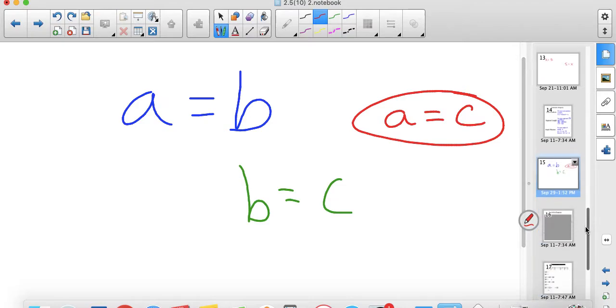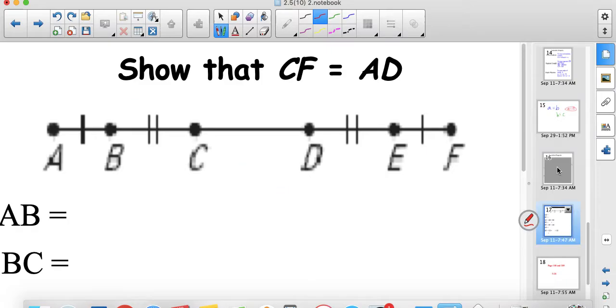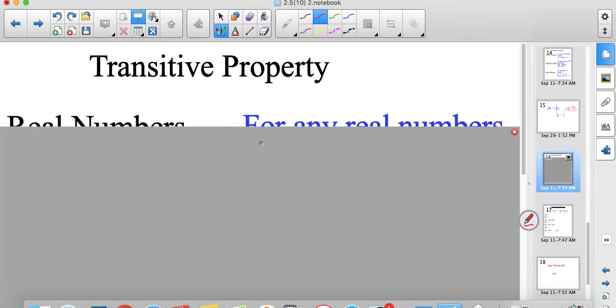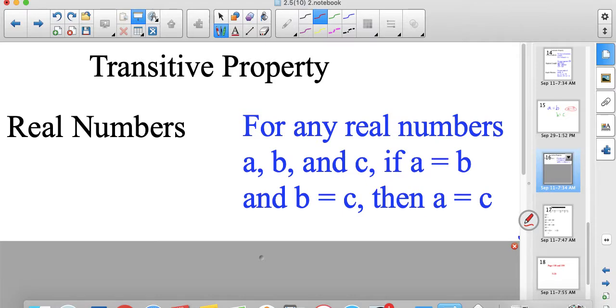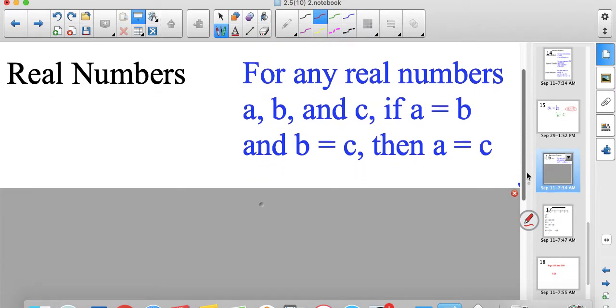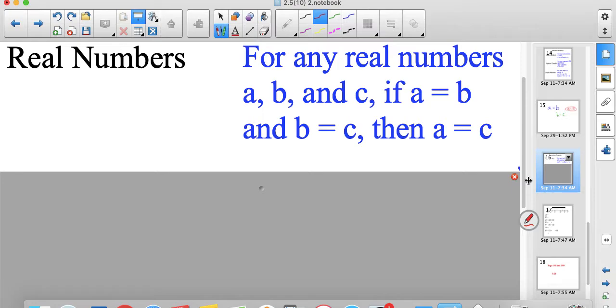Now the difference is they talk about it in numbers, they talk about it in segments, they talk about it in angles. We just did it in numbers. If A equals B and B equals C, then A equals C. You can do it in segments.